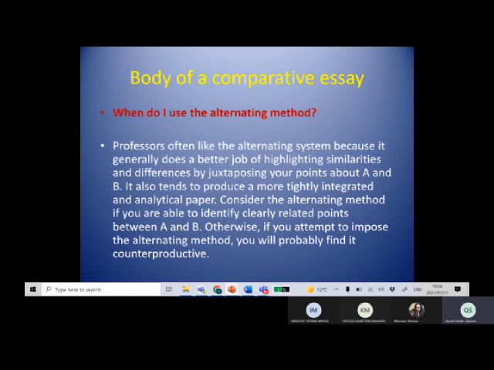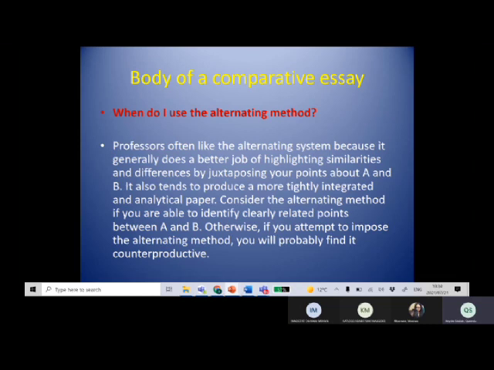So when do you use the alternative method? Professors or lecturers often like the alternative method because it generally does a better job of highlighting similarities and differences by juxtaposing your points about A and B. So it's clear, because I can clearly see that the curriculum in South Africa is this, while in Zimbabwe it's this.